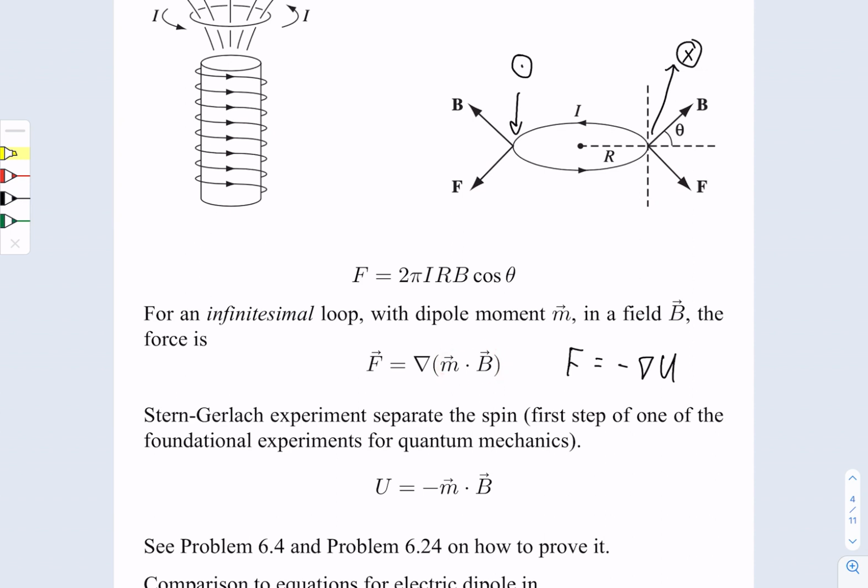So the potential energy of a spin interacting with the magnetic field B is simply minus m dot B.